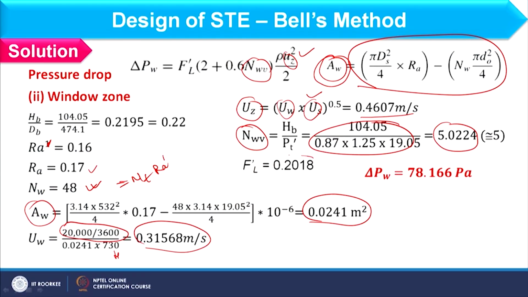So, here we have considered NWV as 5. The leakage correction factor we have already calculated. Putting all these values in delta PW, we can obtain the pressure drop in the window zone as 78.166 Pascal.